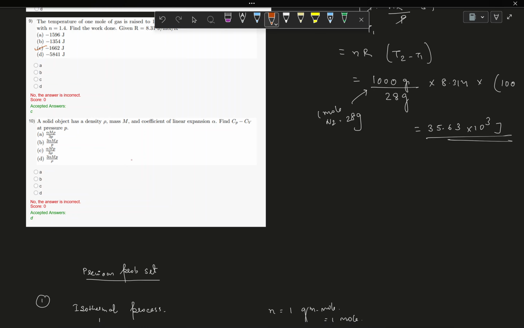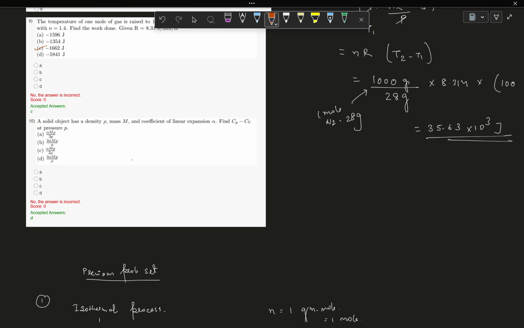A solid object has a density of rho and a mass m and the coefficient of linear expansion alpha. Then find Cp minus Cv at pressure P. So basically, instead of a gaseous system or fluid system, you now have a solid object.